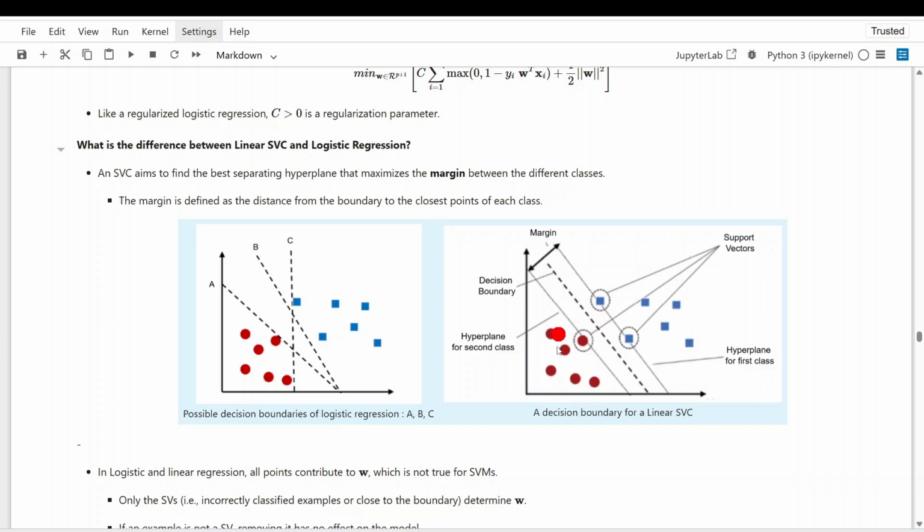So for this data, the points that are closest to this decision boundary are one red point, and we have two blue points.